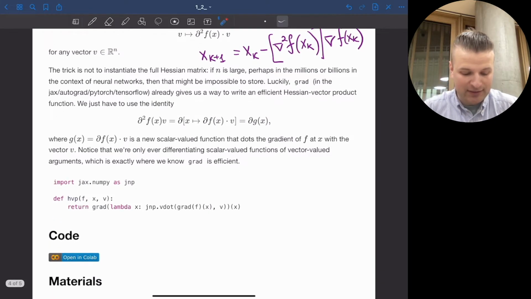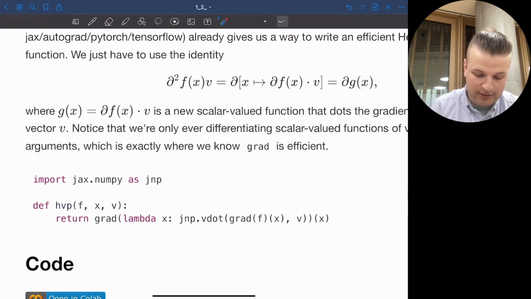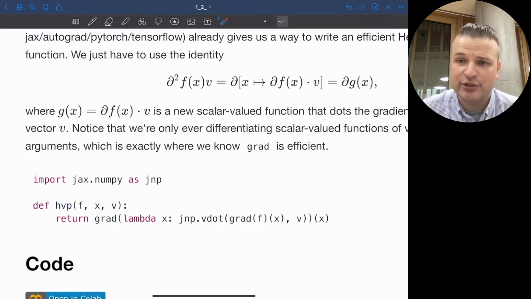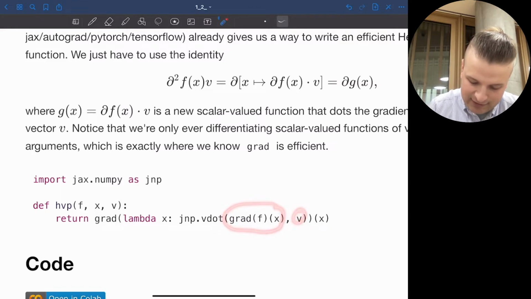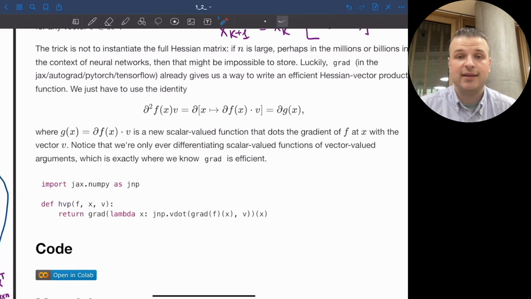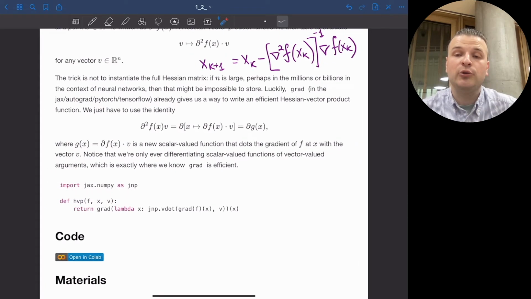So numerically speaking, that's just the exact formula. You take this gradient formula, where v is just the vector in the matrix to vector multiplication. So again, the gradient of a function multiplied by a vector, and then the gradient of all this. That's the way to implement it. So if you need to use higher order derivatives, automatic differentiation allows you to do it.